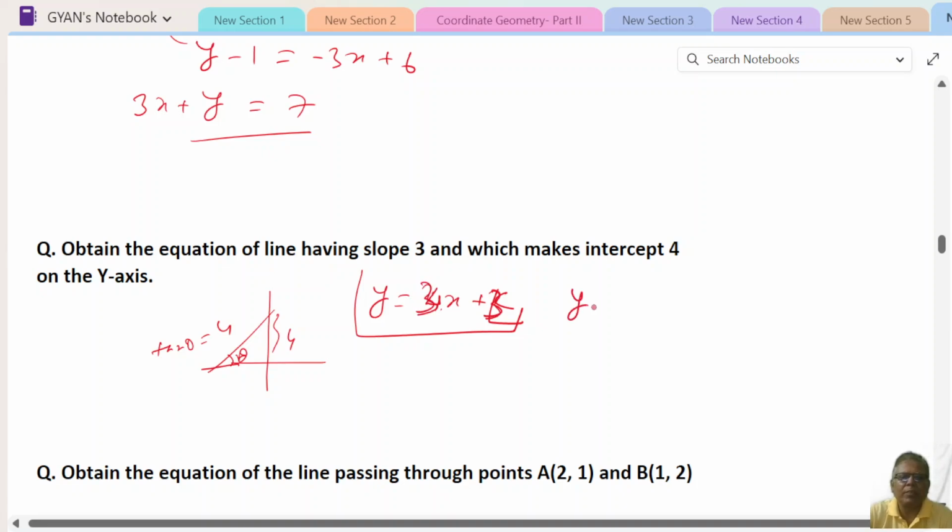So the equation will be y is equal to 3x plus 4, where 4 is the y-intercept and 3 is the slope.